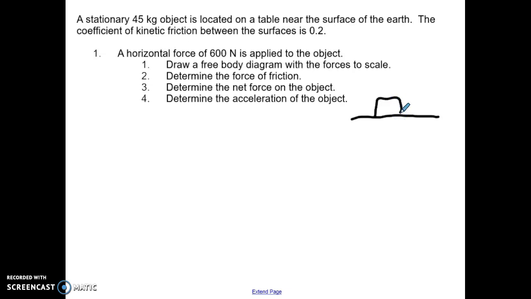It has mass, which is 45. It's being pulled with a force of 600, and the coefficient of friction is equal to 0.2.